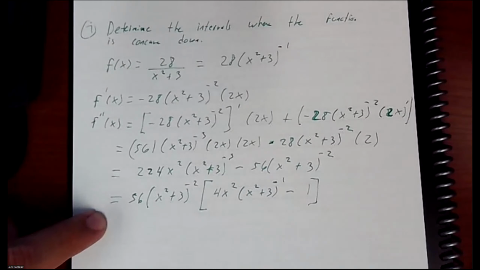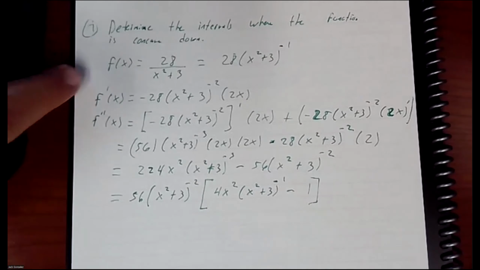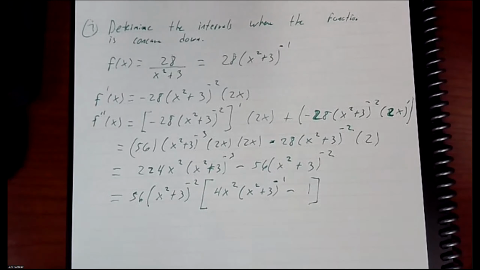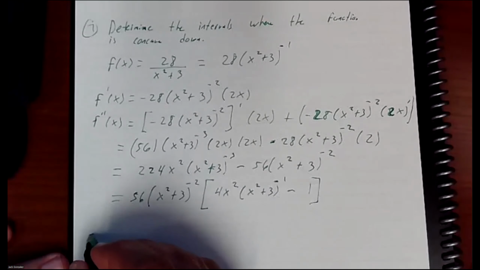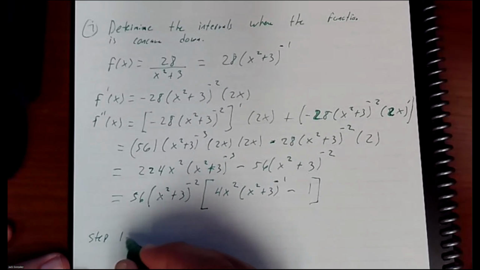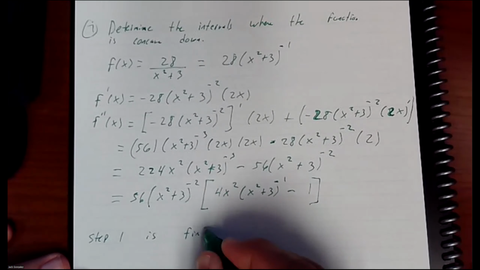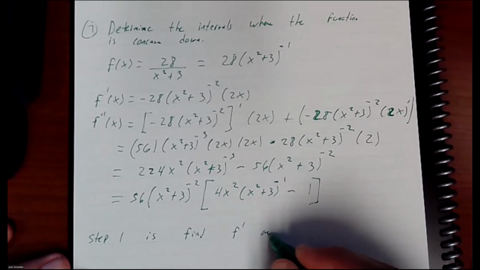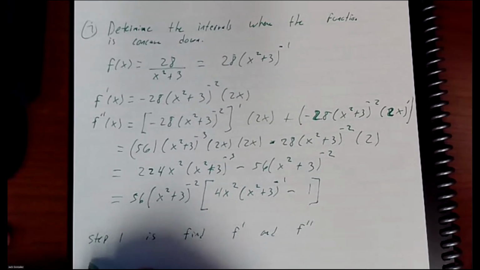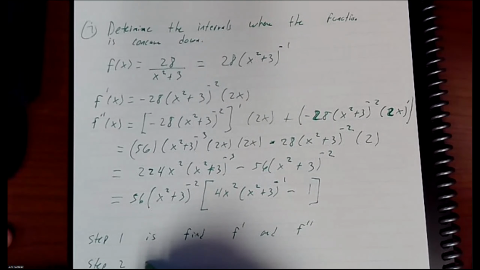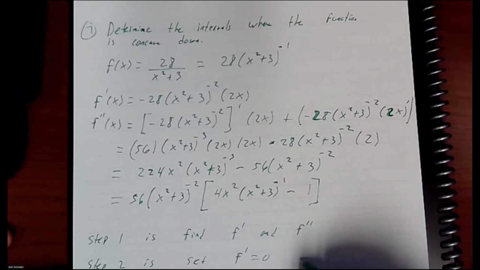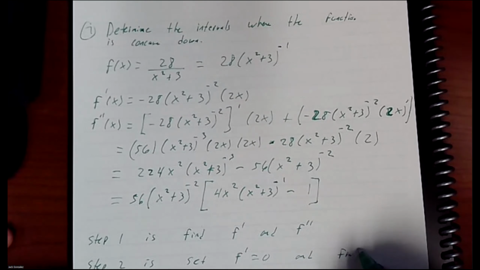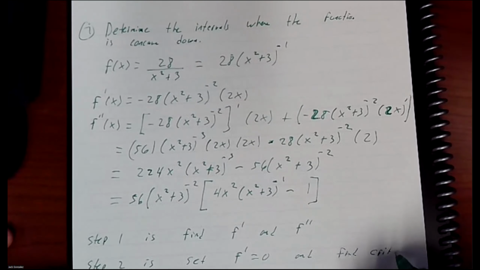So I got the second derivative, not the first one. Step 1, I kind of forgot to write the steps here. I got carried away. Step 1 is find f prime and f double prime. That's what we just did. Step 2 is set f prime to 0 and find critical points or numbers.